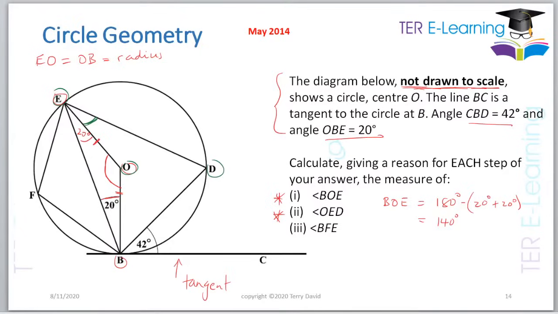Look at something here. We have a tangent here. BD is a chord. So if BD is a chord, remember, if we use a chord, BD here, and we try to form an angle on the circumference, that angle should be 42 degrees. That's the last rule that I showed you all. Let me just go back here.